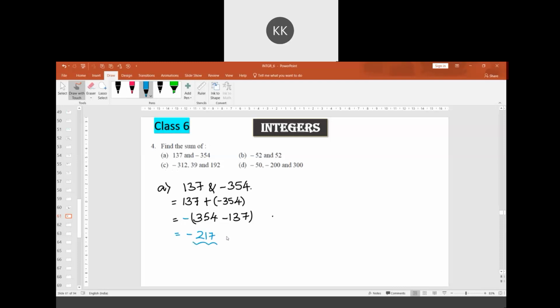Hope it's clear to everyone. Second one is addition of minus 52 with positive 52. Since they are unlike, we need to subtract them, and the larger value is having positive sign. So the answer is 0.